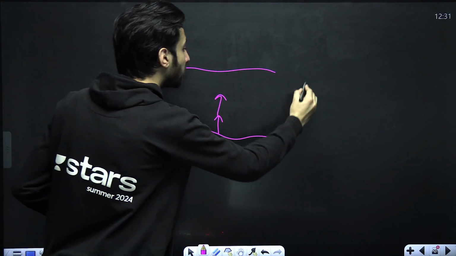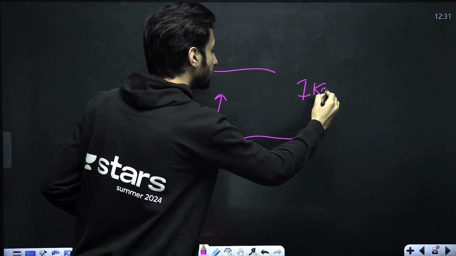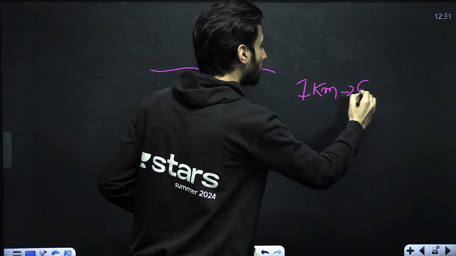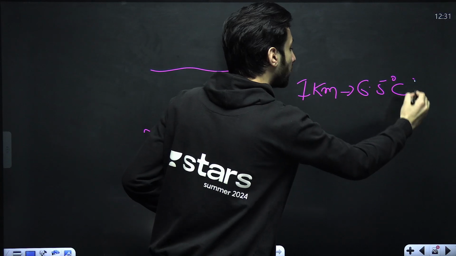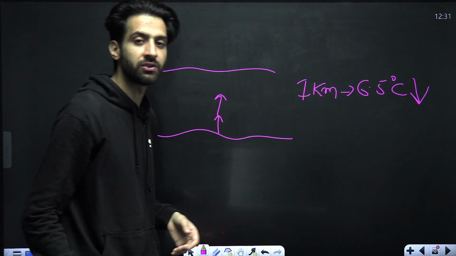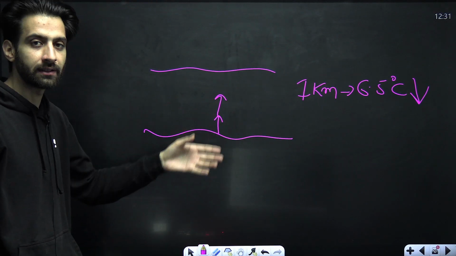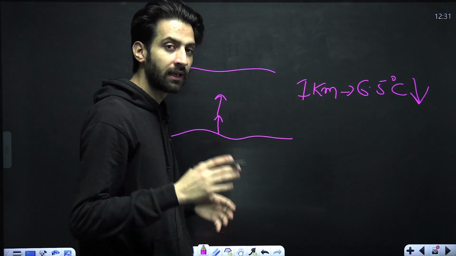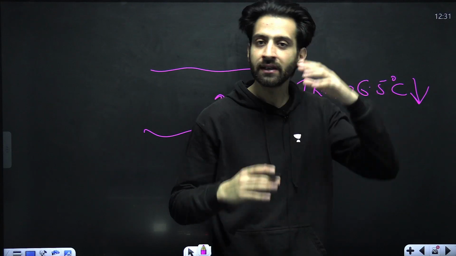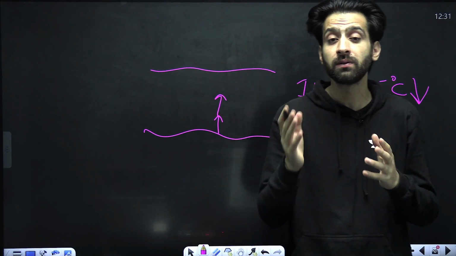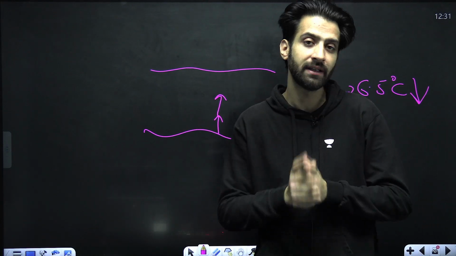With every 1 kilometer, there is a 6.5 degree fall in temperature on average. This is known as the normal lapse rate.